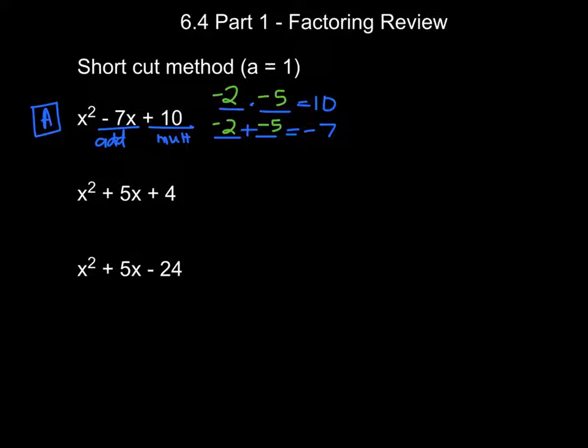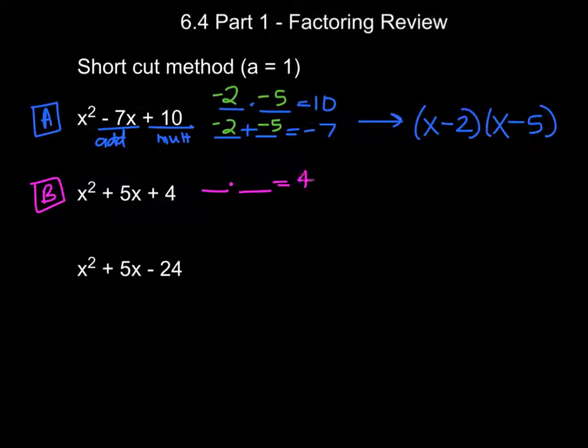So shortcut says that I can jump straight from those 2 numbers to my answer, which is going to be x minus 2, x minus 5. Okay, we're doing the same kind of thing here on B. I want 2 numbers that multiply to give me 4 and add to give me 5. If I think about those 2 numbers, they are 4 and 1.